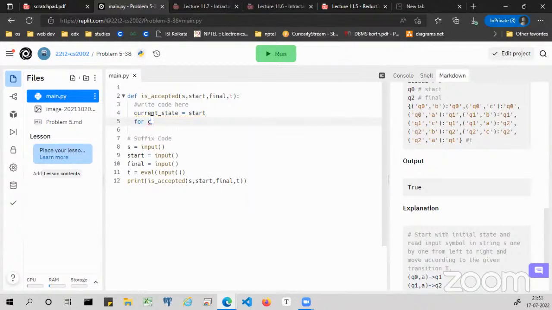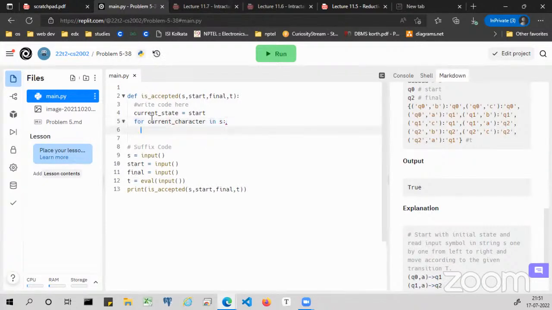Let's say for any current symbol, or current character in the string, the first character in the first iteration.